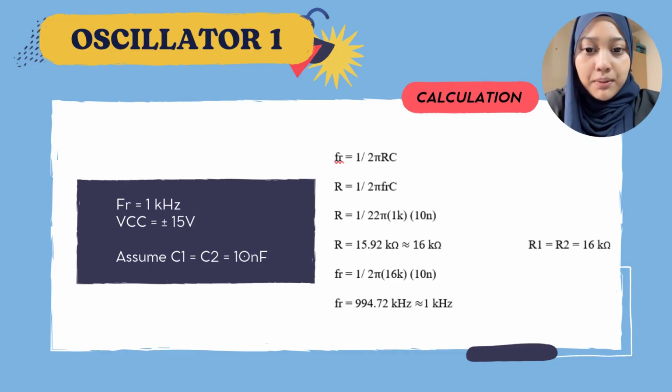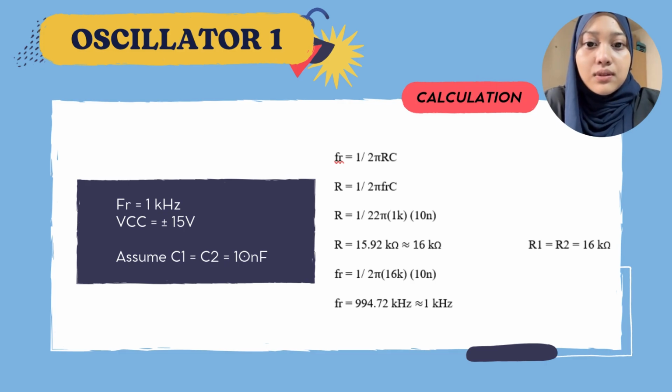For the calculation part, we use the Wien bridge formula, F equal to 1 over 2 pi RC, and we assume both capacitors C1 and C2 to be 10 nanofarad. Based on this, we calculate the required resistor value to get 1 kHz, which gave us approximately 15.92 k ohm. Since 15.92 k ohm is not a standard resistor value, we use the closest available value, which is 16 k ohm.